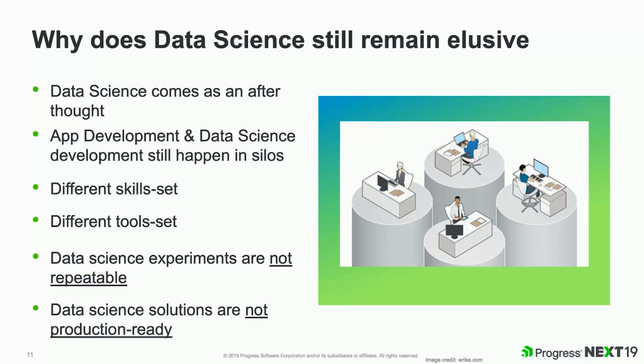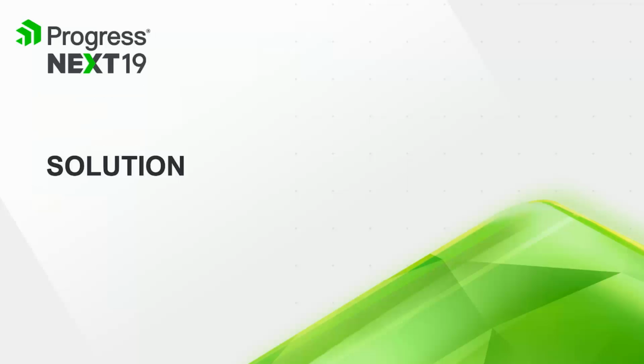So that's the last problem. That is, any analysis done, the experiment is not repeatable. So if I have built one model, if I get new data, I'm starting the experiment all over again. And once that experiment is successful, to make it completely production ready, I'm now handing over this entire task to somebody else, right?